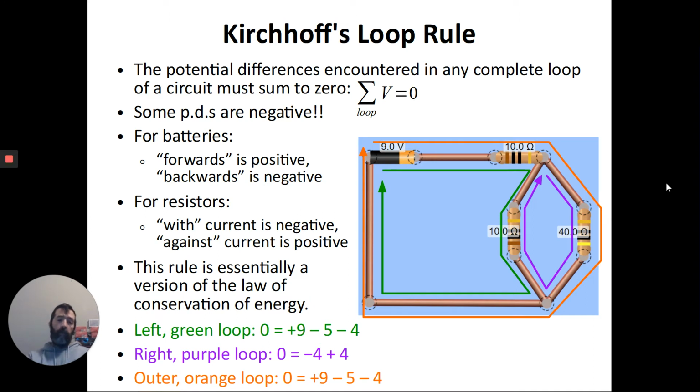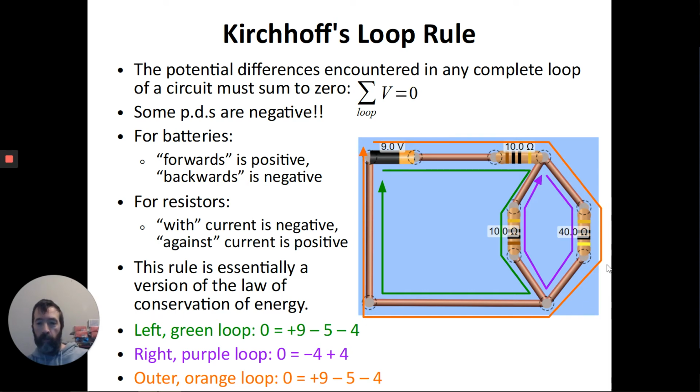If I went counterclockwise on any of these 3 loops, if you change the clockwise versus counterclockwise direction, all it does is multiply the whole equation by -1. So like if I was going the other way around for this outer loop, I'll start here in the middle of the top. I'm going backwards through the battery, so it would be -9.